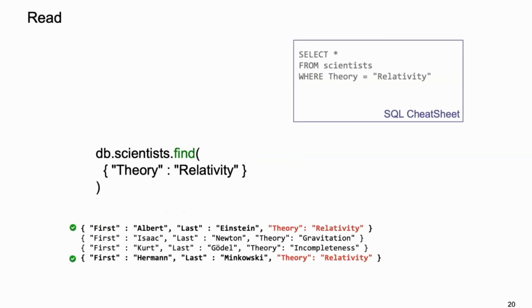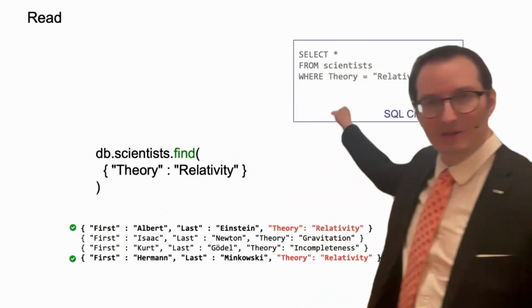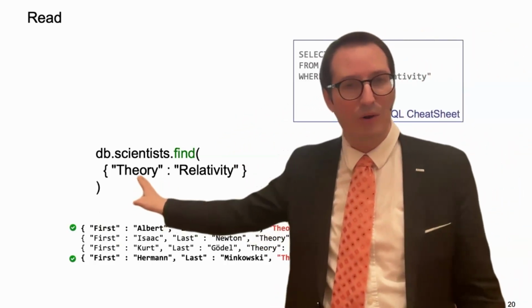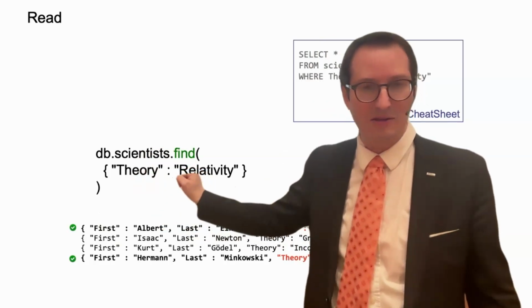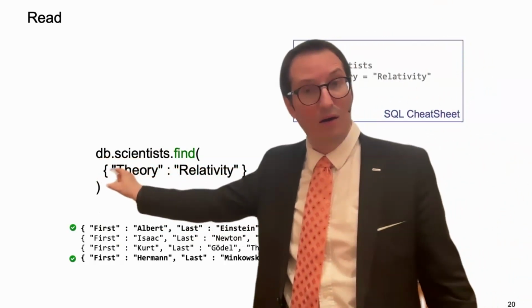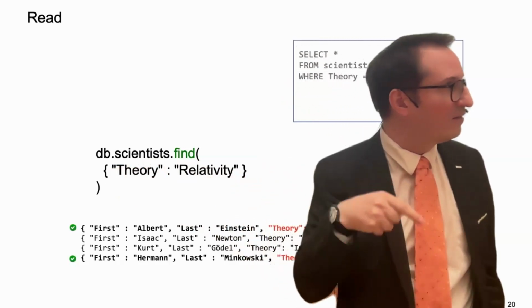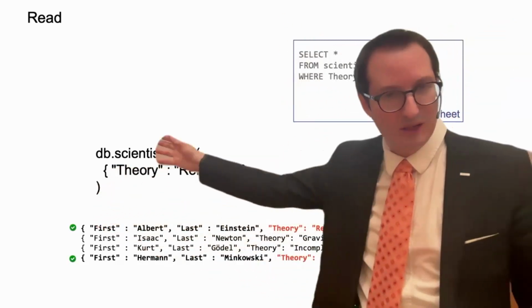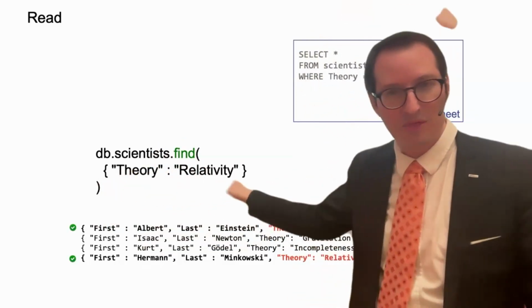Okay, now what if we want to select? So that's a selection. A selection in SQL is select from where, and you have this predicate here. That's how you do a selection, right? If you want to do a selection with the JavaScript API of MongoDB, you have to pass a criteria here. What is very interesting is that this is done in the form of an object, right? So here it's a JavaScript object, but you know that this is where JSON comes from, so it's something native.